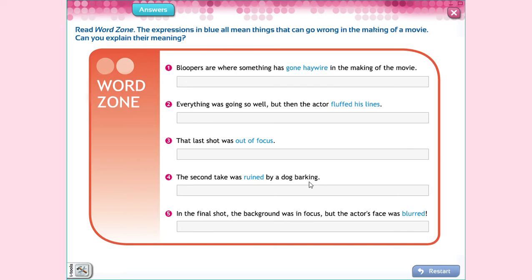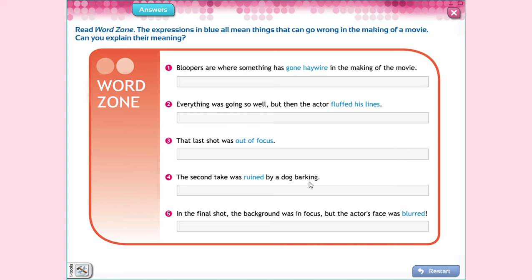So number 1 mentions bloopers are where something has gone haywire in the making of a movie. So can you explain this, gone haywire? Number 2, everything was going so well, but then the actor fluffed his lines. What does fluff his lines mean here?